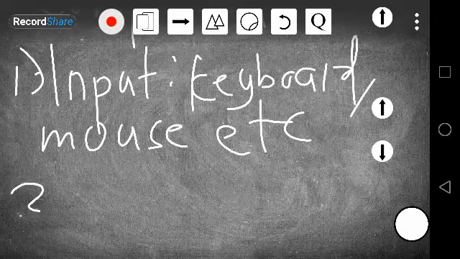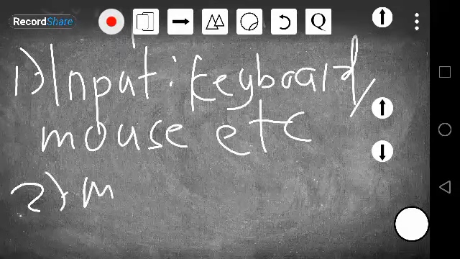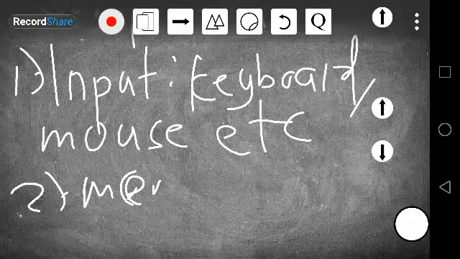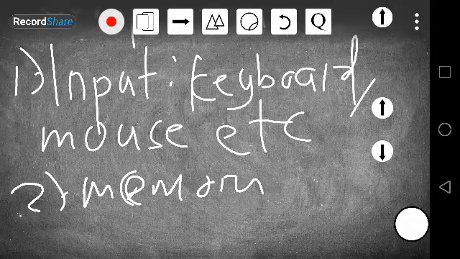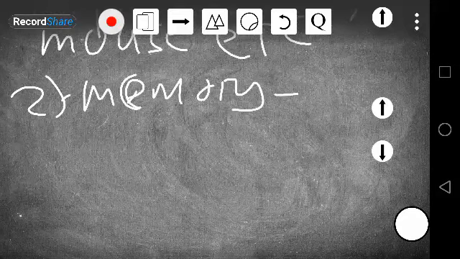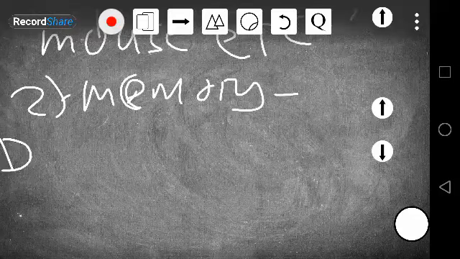Then we move to the second component, the memory. This is where data is temporarily stored.